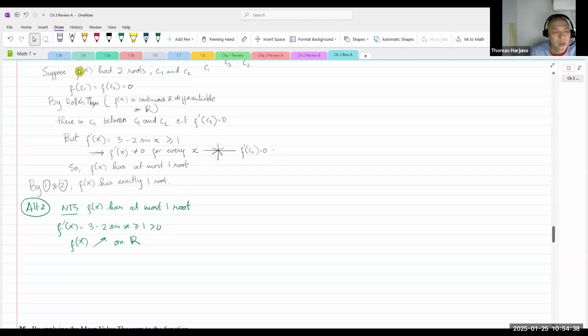And since f of x is also continuous on R, the same interval where it is increasing, the only way that can happen is f of x is 1 to 1.